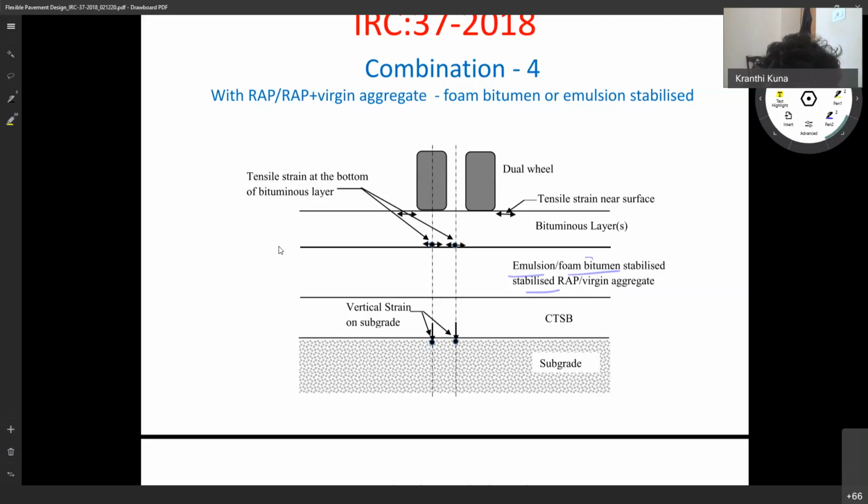You run the analysis at the bottom of the bituminous layer and at the top of the subgrade, but you have a stabilized base here. If you are doing recycling or have a stabilized base, you consider the design as such.